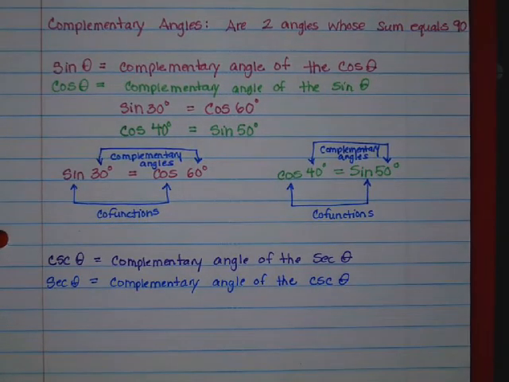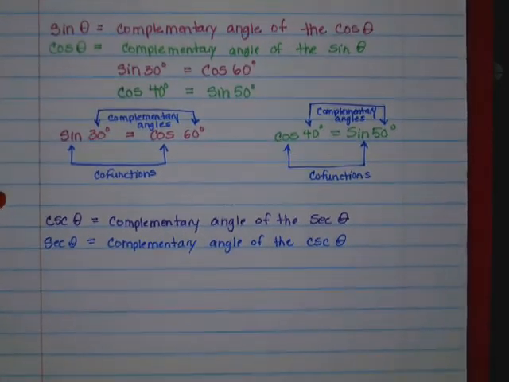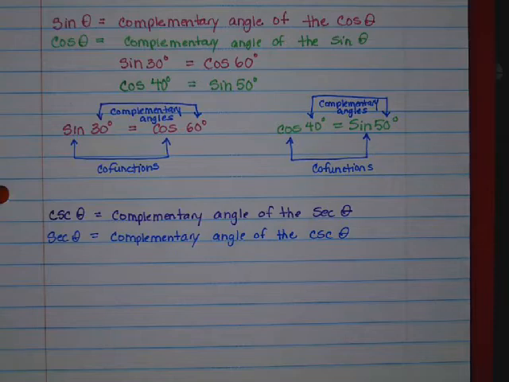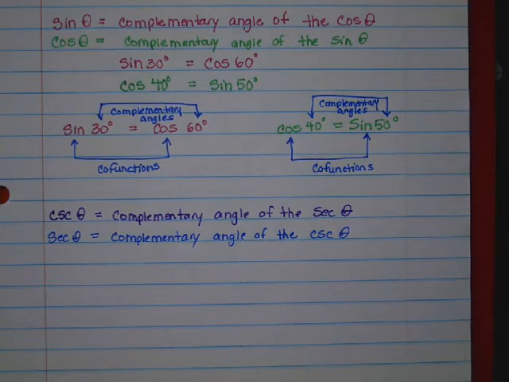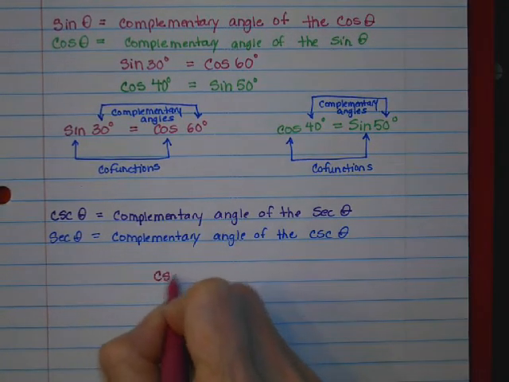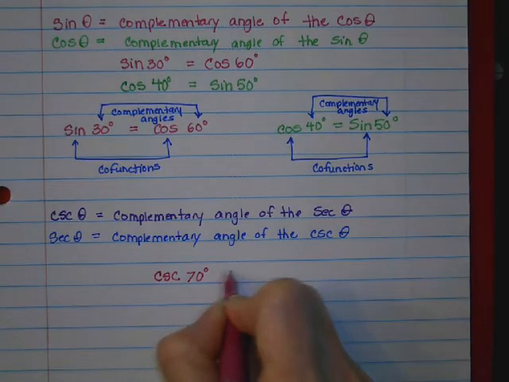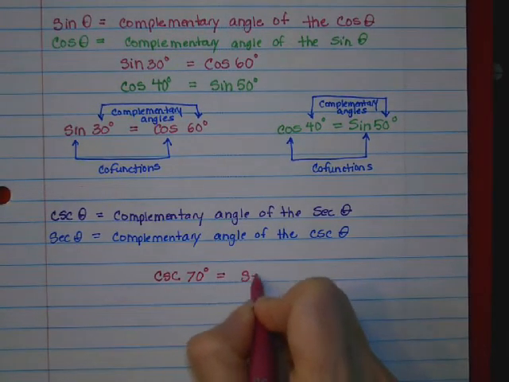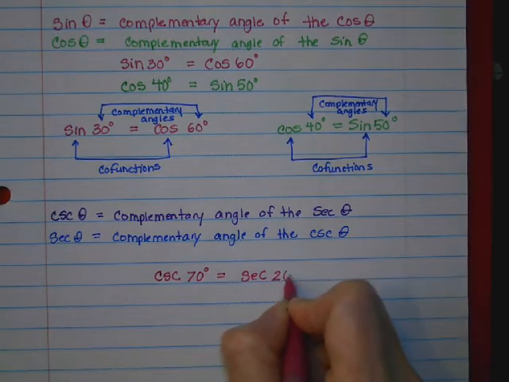We'll just do one example instead of two separate ones because they mean the same thing. Let's put the cosecant of 70 degrees will equal the secant of 20 degrees.